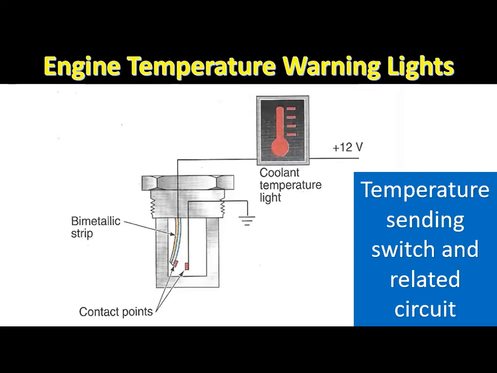The sending unit for the engine temperature warning light contains a bimetallic strip and a set of normally open contacts. Normally open contacts remain in the open position until they are acted upon by temperature or pressure. When the engine temperature is below a specific temperature, the contacts in the temperature sending unit remain open and the temperature warning light remains off.